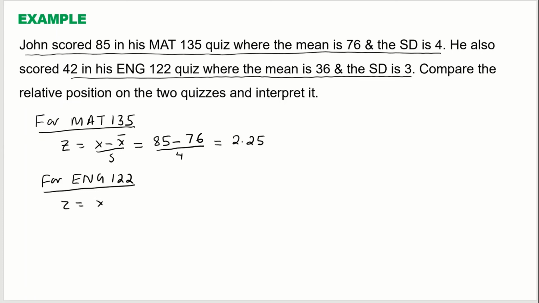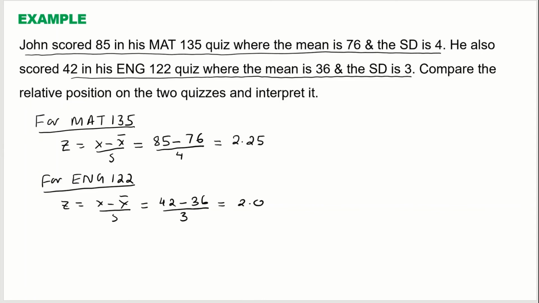So our formula is x minus mean over the standard deviation. So that is equal to, the score in English is 42, the mean for that quiz is 36, and the standard deviation is 3. So if we simplify this, we get 2.0.